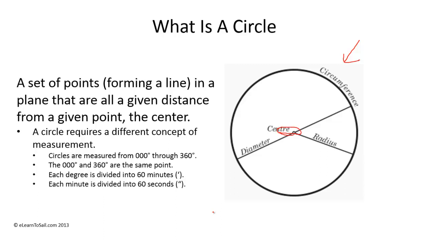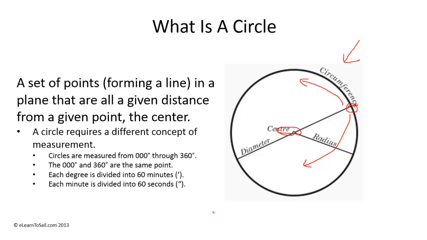There's a couple of things that we want to make sure we talk about with a circle. The first point is that, especially in navigation, we measure circles through 360 degrees. In other words, if you start from a starting point, and I'll just pick this spot right here, the circle gets measured in 360 degrees in either a clockwise or a counterclockwise direction.